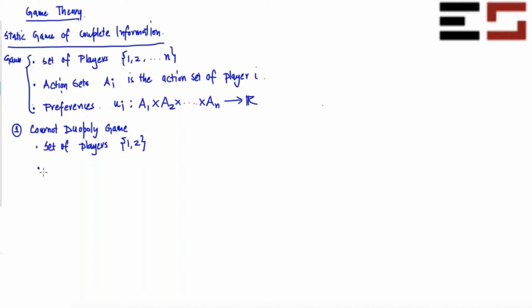What about the action sets? As I've told you, the action set can depend on the question. In the question they'll tell you what set of actions player 1 can take and what set of actions player 2 can take. If they specify that players 1 and 2 can only choose integer quantities, then you have to write the action sets accordingly.